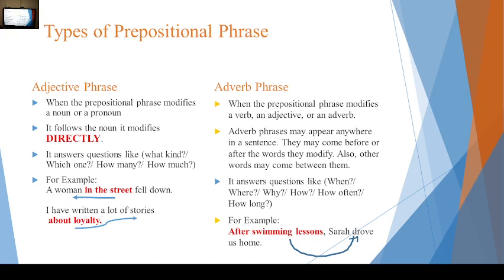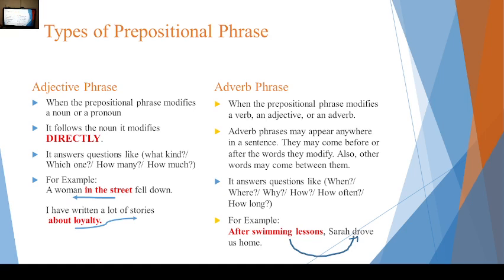Another example. "I have written a lot of stories about loyalty." So about loyalty, this is the prepositional phrase. Okay? Let's see. It answers the question, what kind of stories? Stories about loyalty. So it answers the question, what kind?